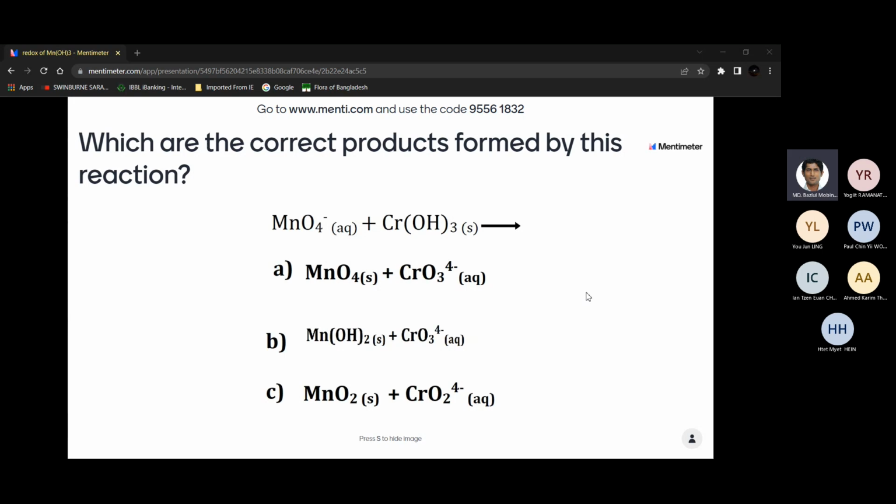By the way, this type of multiple choice question will be in your midterm exam, which will be in week 7, I believe, or week 8. I think you have already seen the timetable or the announcement.